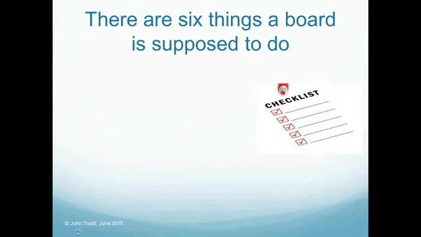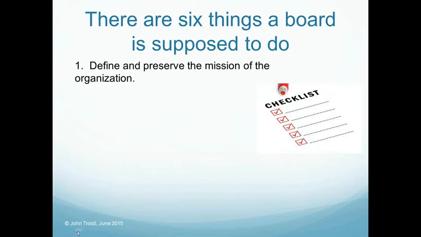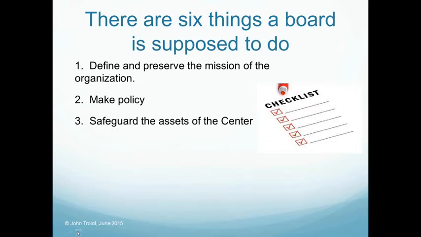So there are 6 things that a board is supposed to do. The first is define and preserve the mission of the organization. The second is to make policy. The third is to safeguard the assets of the center.